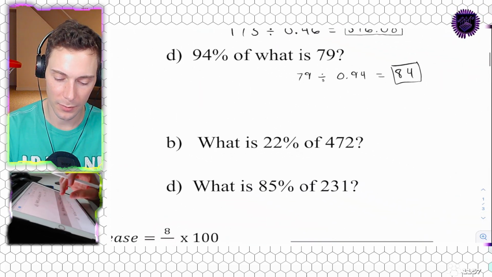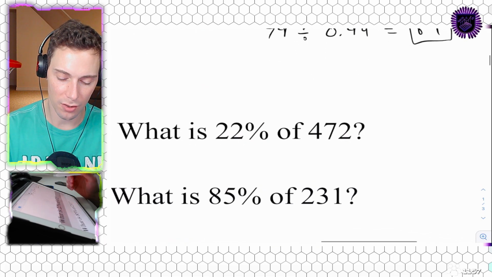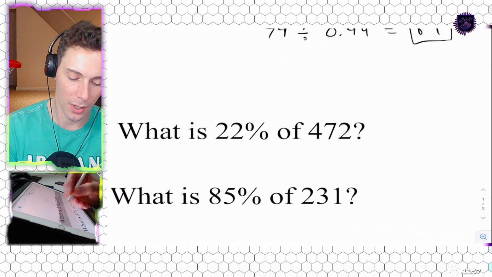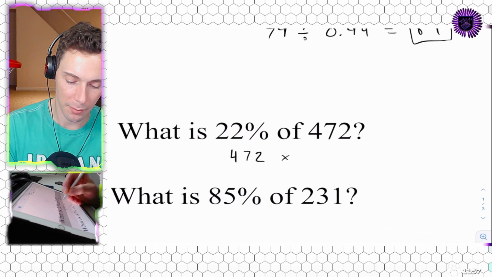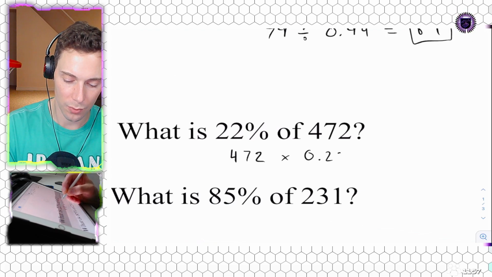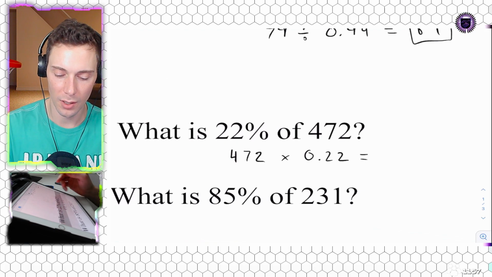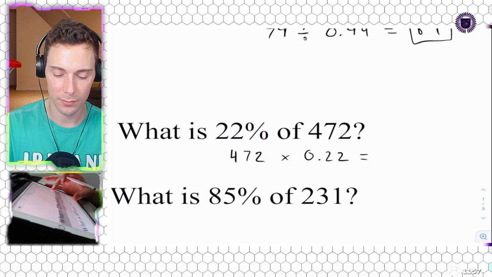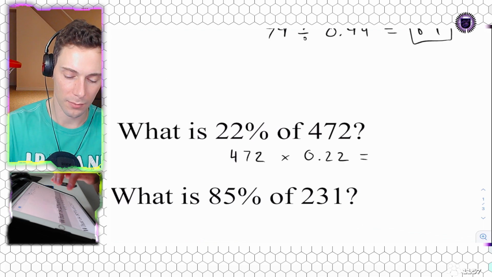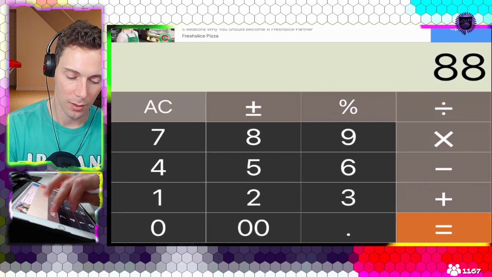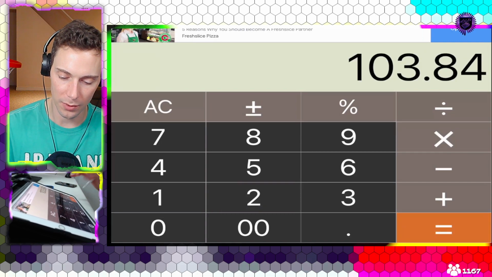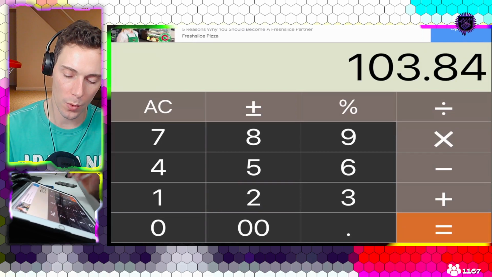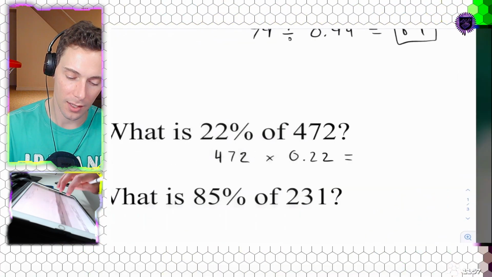3B. 22% of 472. So let's go 472 multiplied by 0.22. We're looking for our part. 472 times 0.22 equals 103.84. I'll keep it as that.